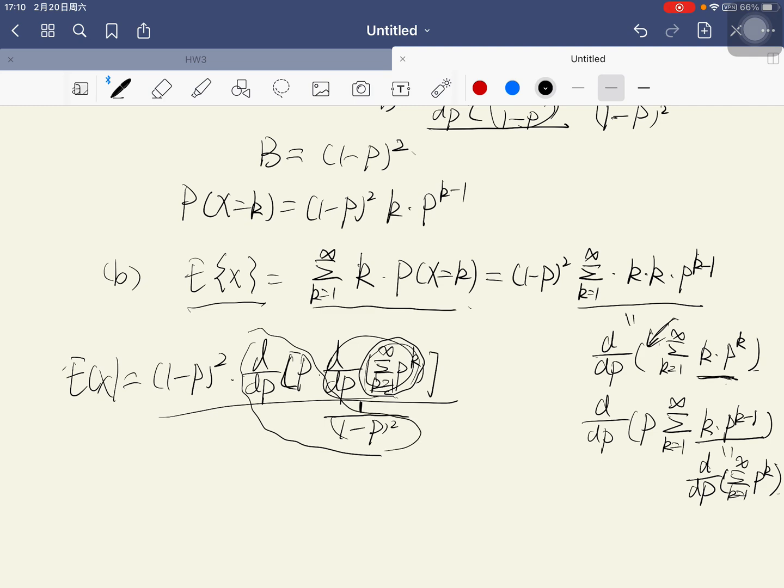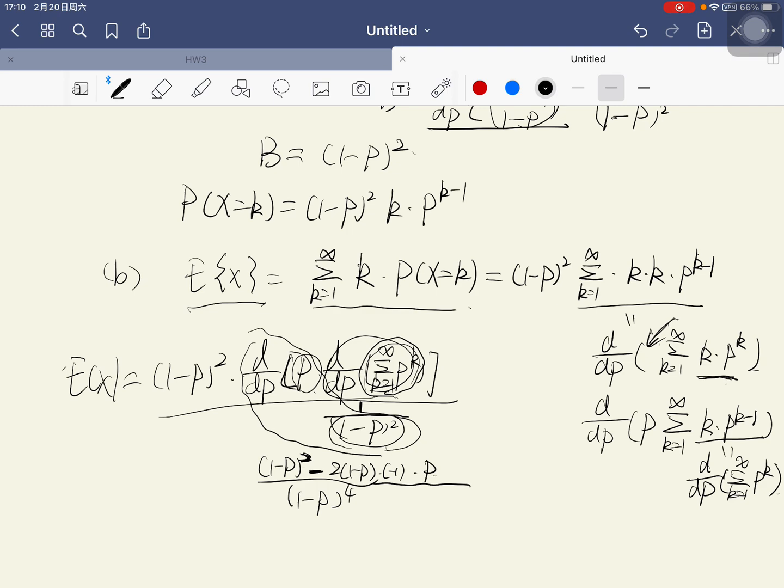It equals p over (1 minus p) to the power of 4 times the derivative, using (1 minus p) to the power of 2 minus the derivative of this one times p.